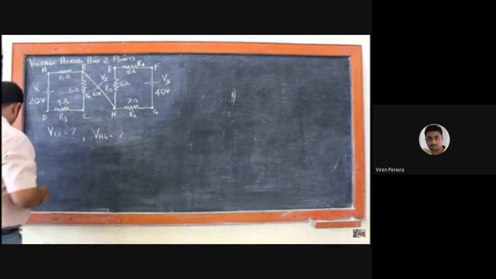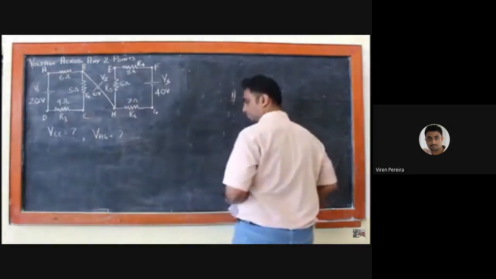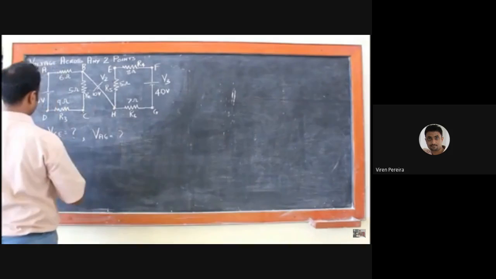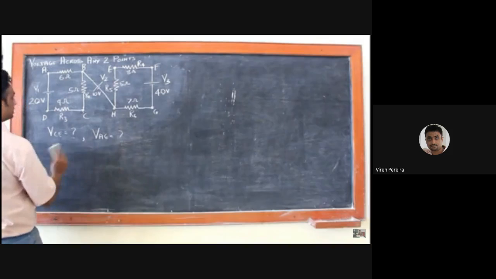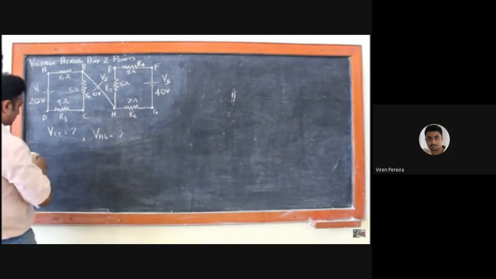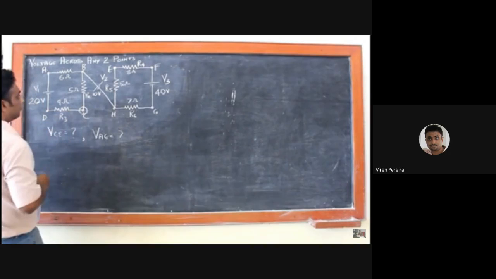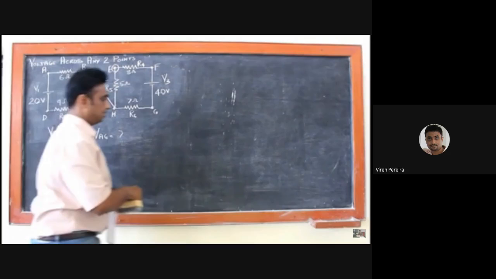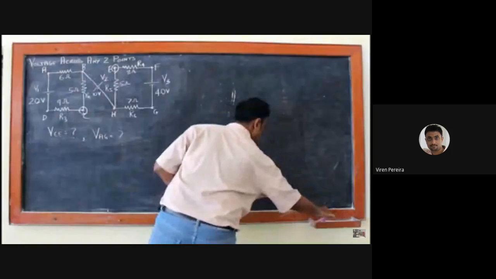So now I will first take these, so these are your problems. You have to find out the voltage across C and D, AG. So I will just mark this C, E, and B, AG.